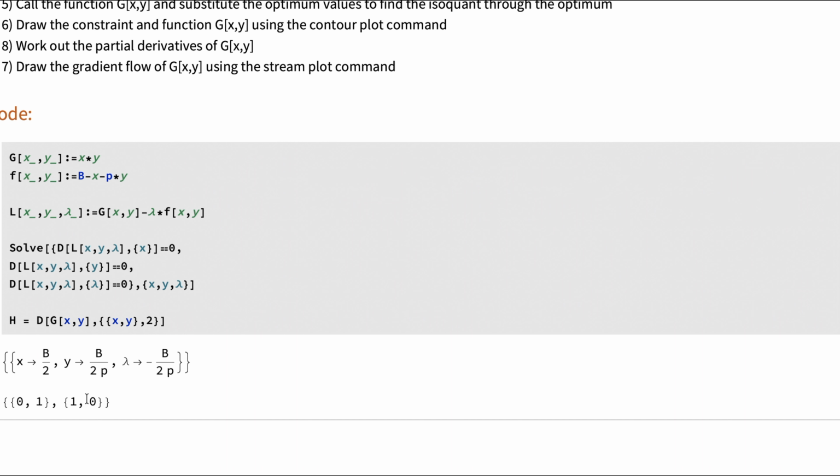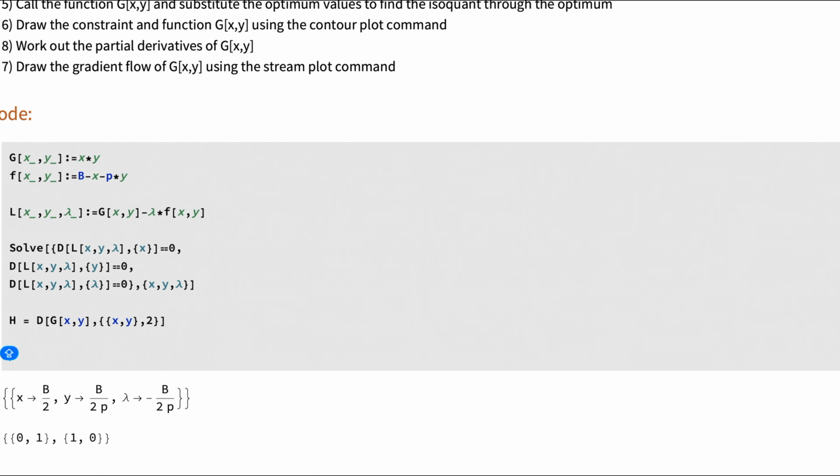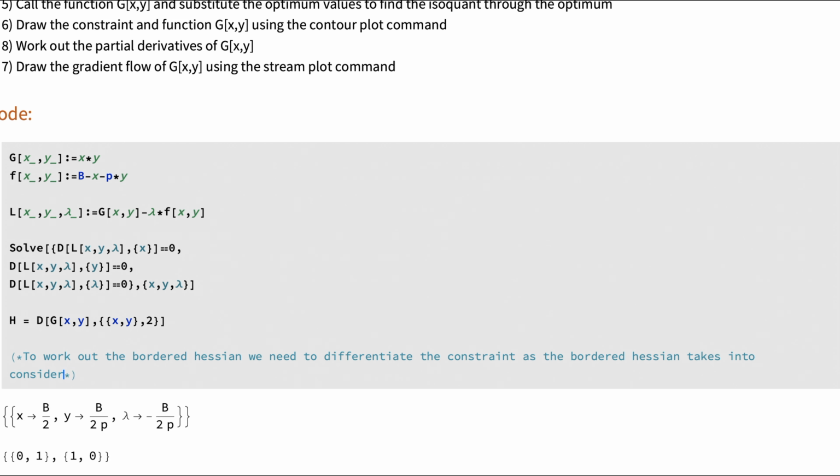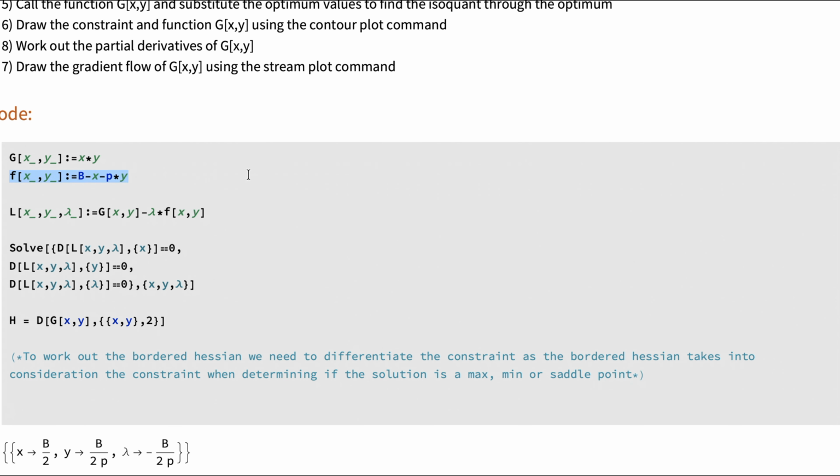If we continue onwards, to work out the bordered Hessian, we need to differentiate the constraint, as the bordered Hessian takes into consideration the constraint when determining if the solution is a max, min, or saddle point. So we now need to differentiate f of x, y with respect to x and y.